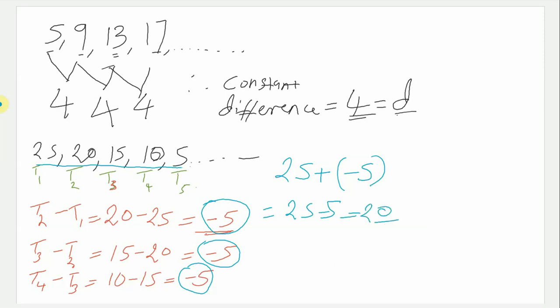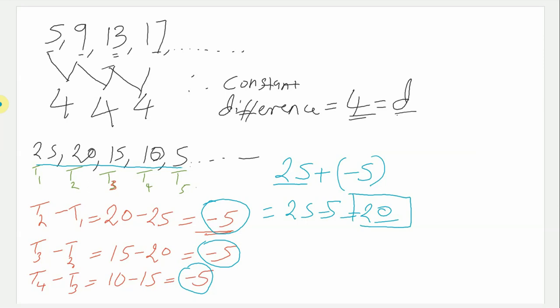The same thing applies to get the following term. Since you started with 25, then you added negative 5, you got 20.